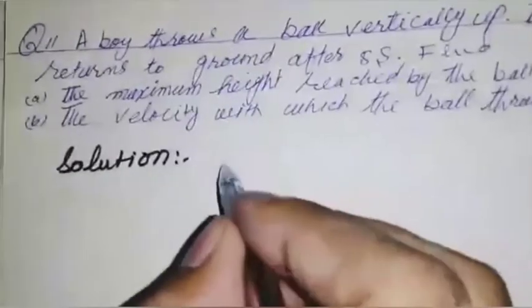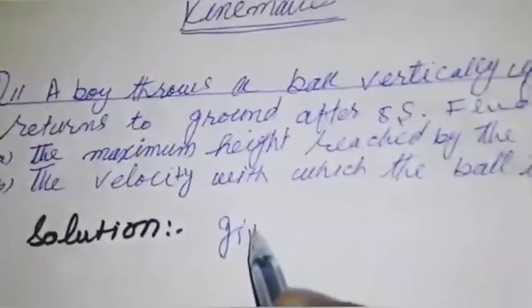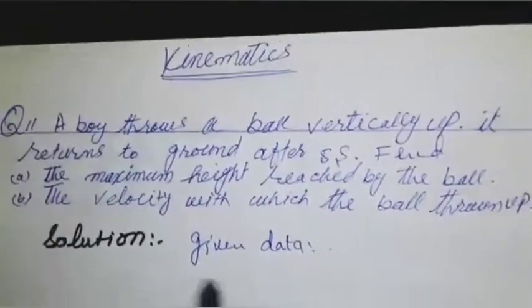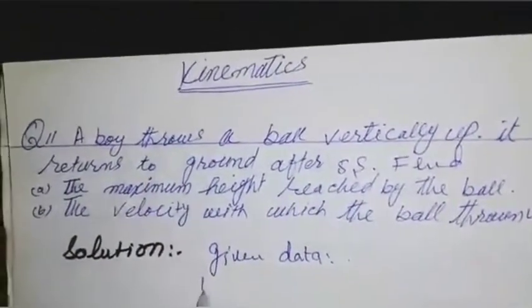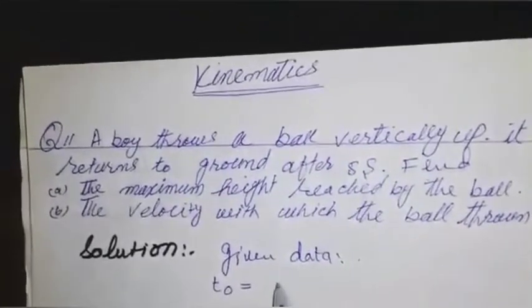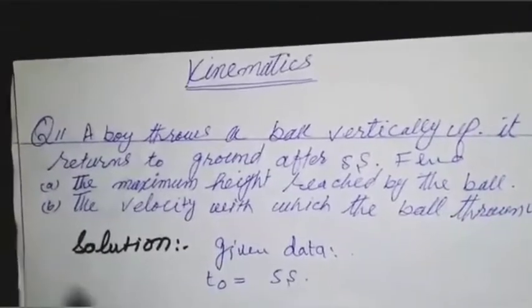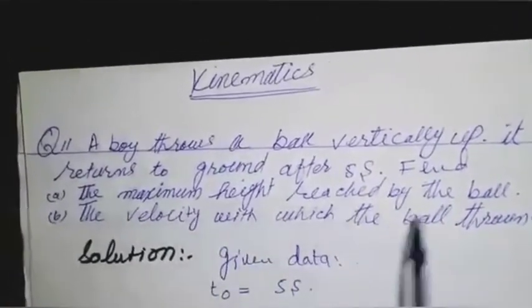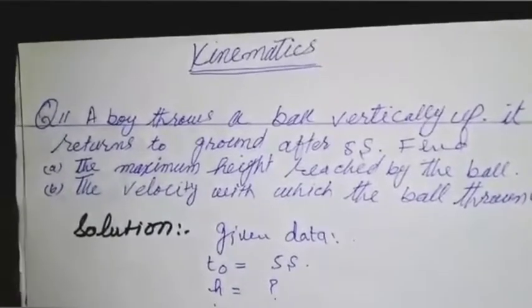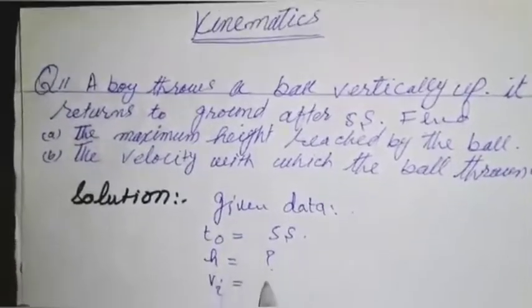Given data is here. Time t naught, the total time of the motion, is 5 seconds. We have to find the maximum height h and its initial velocity.